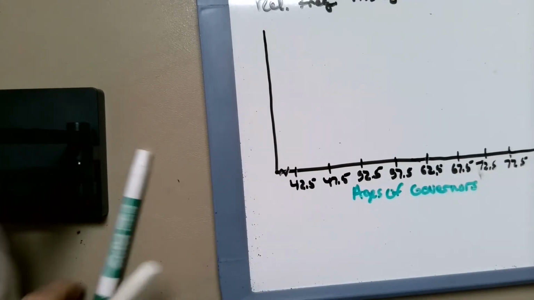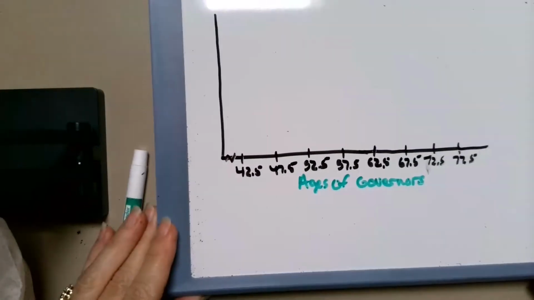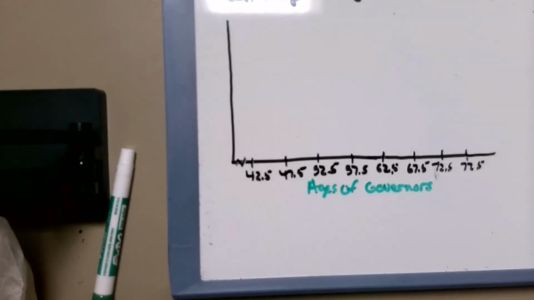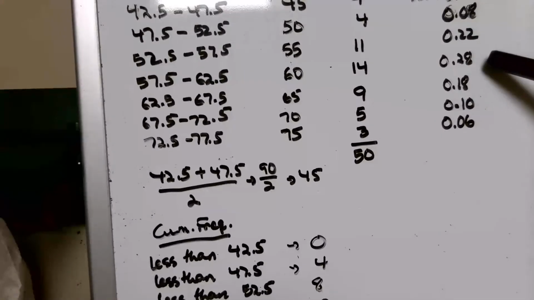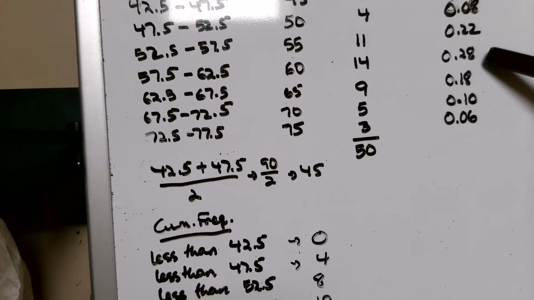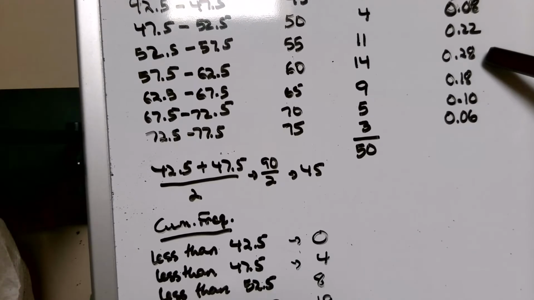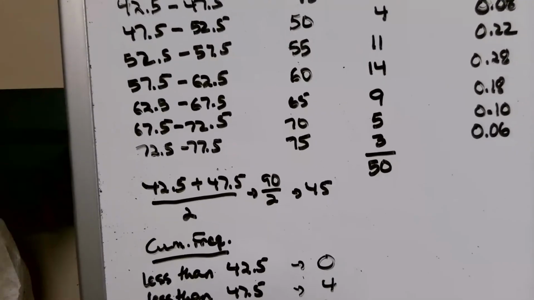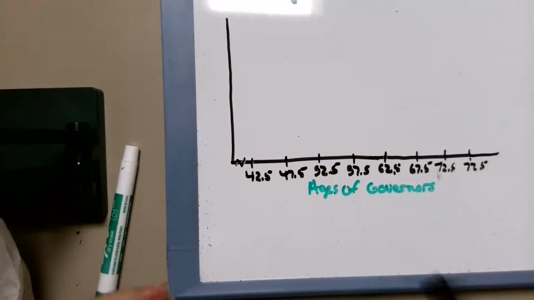So along the y-axis, normally in a histogram, we've got frequency. Here we're going to have relative frequency. If we go back up to our relative frequency here, the highest relative frequency was 0.28 or 28%. So count by what makes sense. I'm going to count by 5% or 5 hundredths because that makes sense here.